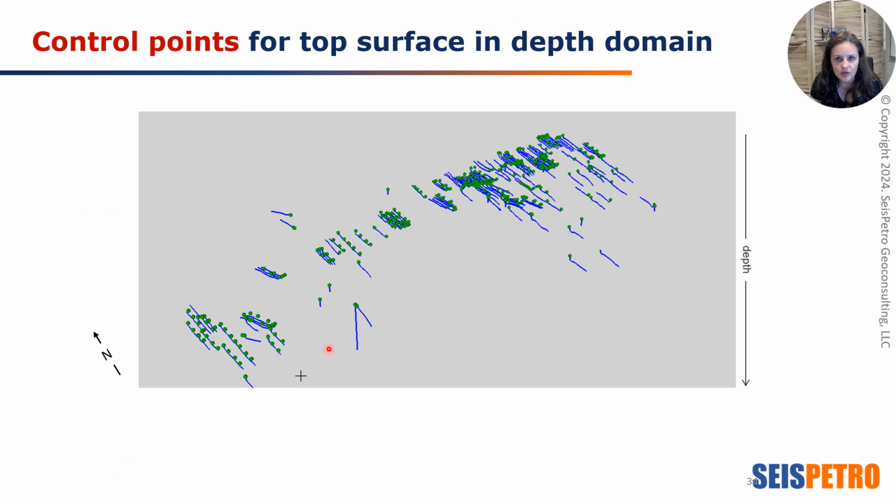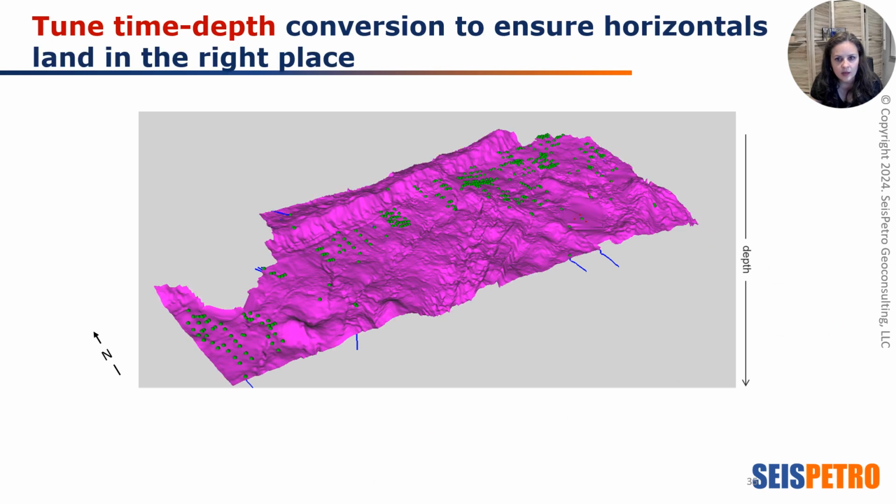The control points were added and incorporated in the modeling of the time to depth conversion. You can see these green points were coming all from the horizontal geosteering cross sections. And when you now force the surface to respect those points, none of the horizontals are now crossing the top of the reservoir.